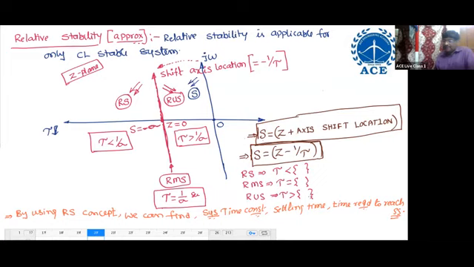RH criteria, Routh-Hurwitz criteria. It is also very, very important. Routh-Hurwitz criteria, RH criteria, or RH criterion, whatever it is.